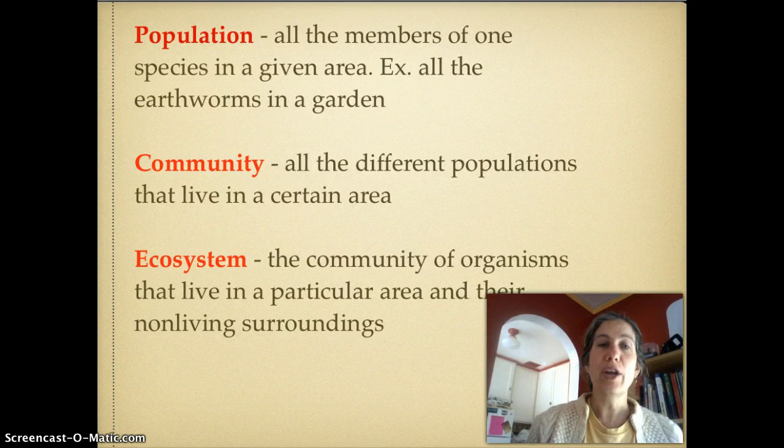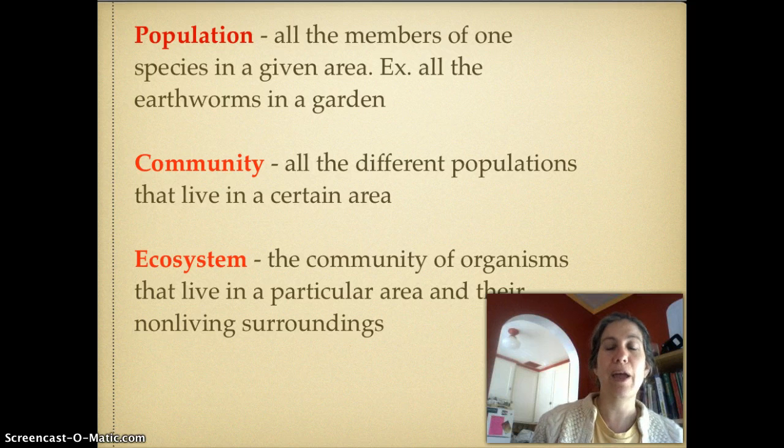So other vocabulary words are population, all members of one species in a given area. For example, all the earthworms in our food forest. Community, all the different populations that live in a certain area. So that's going to include the earthworms and the birds that eat them and the plants and the trees and the fungus.